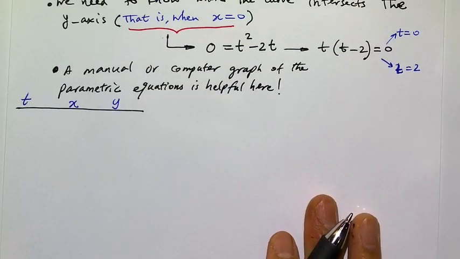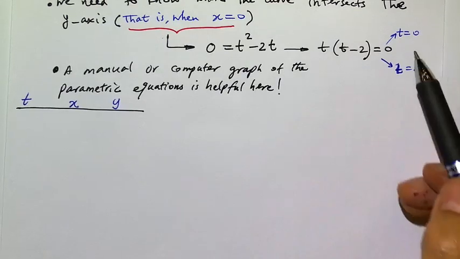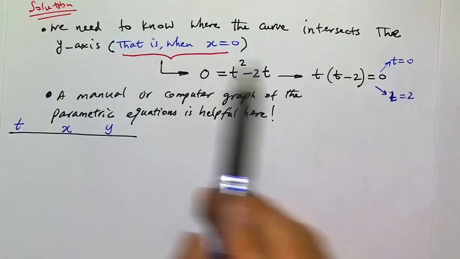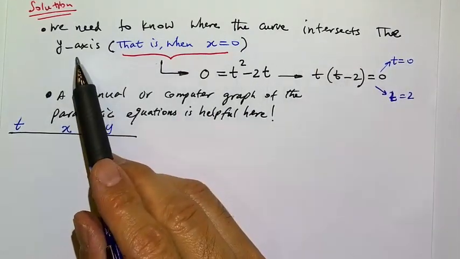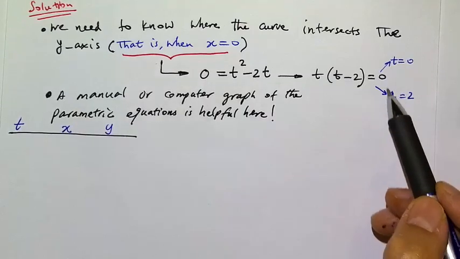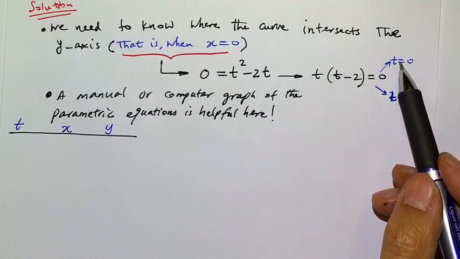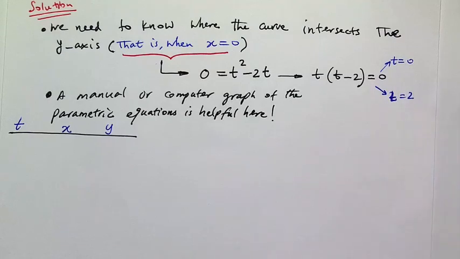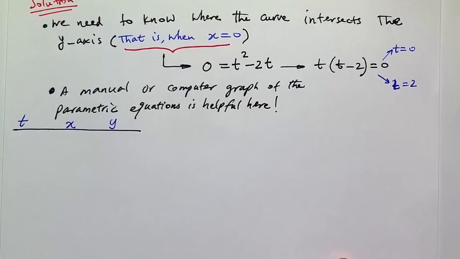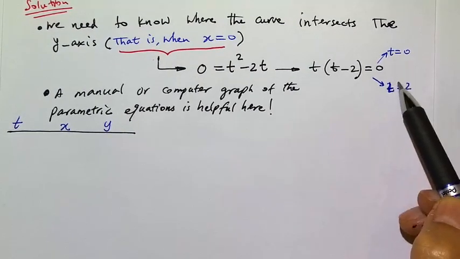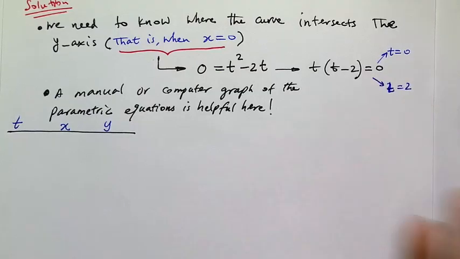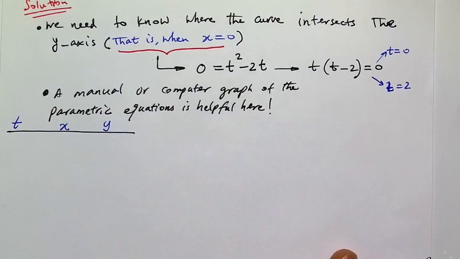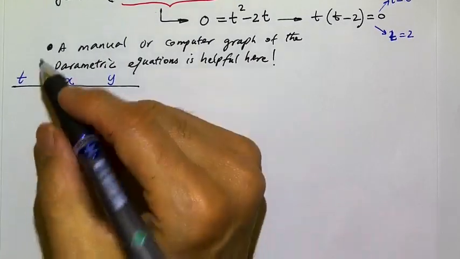When the curve intersects the y-axis, it happens at these two values of t. But I'm just going to use other values of t, including these two, to get an idea of what the graph looks like, knowing that at these two points my curve is going to cross the y-axis, because x will be equal to 0 at those points.